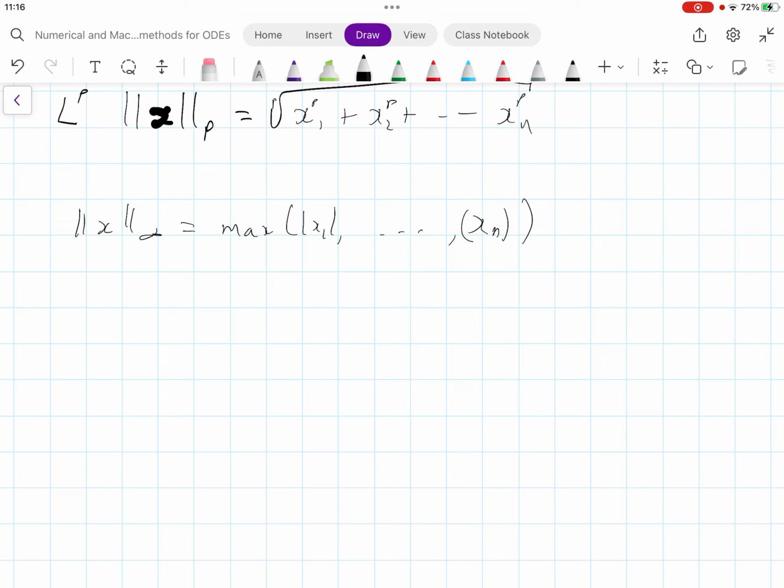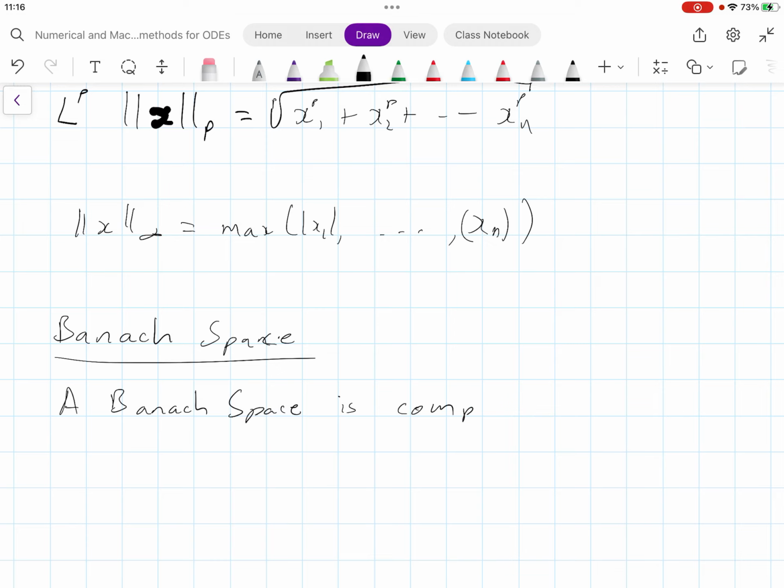And this leads us into something called Banach spaces, which I'll talk a bit about when we get to the machine learning component. But really, a Banach space is, and this is the definition, a complete normed space.